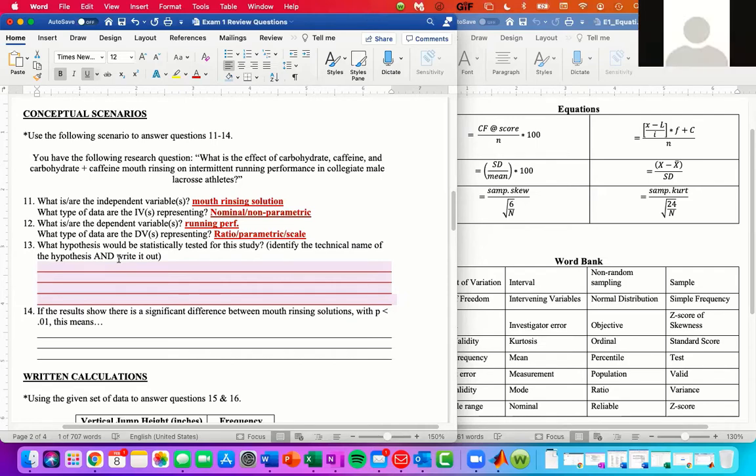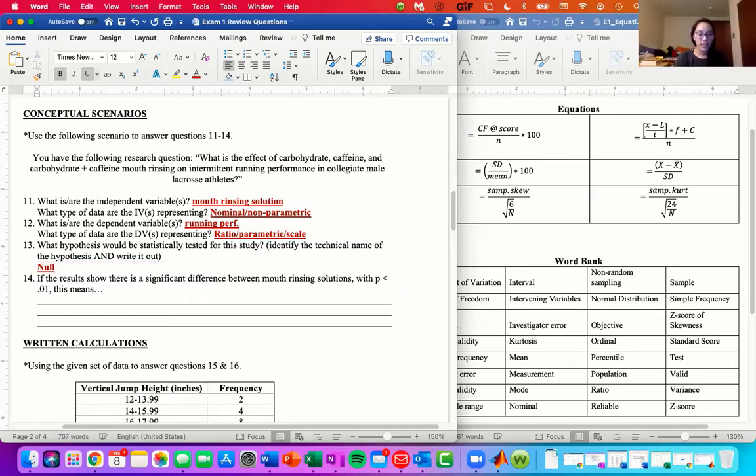The null, right? It's that innocent until proven guilty scenario. So typically if we're looking at correlations, we would say there's no relationship. Or if we're looking at ANOVAs or t-tests, there's no effect, right?